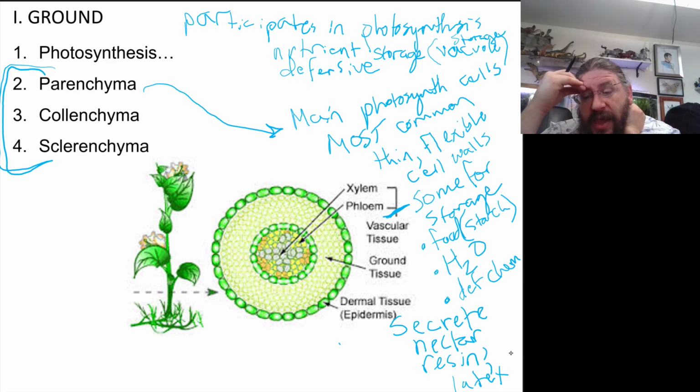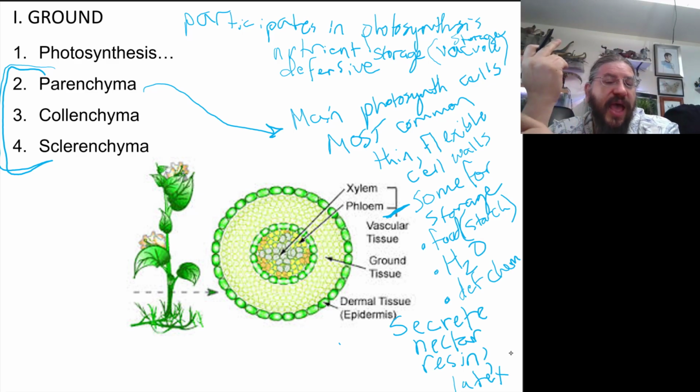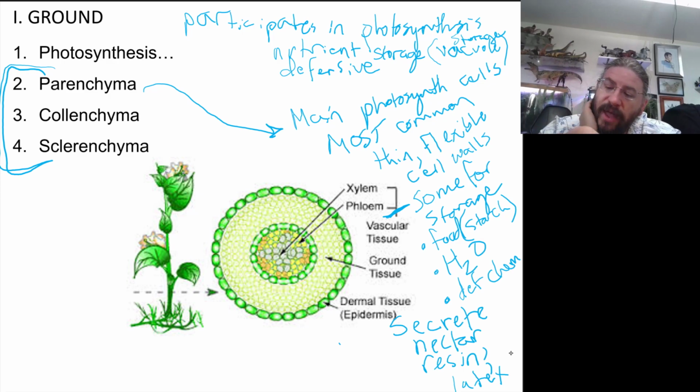On air contact it coagulates, kind of like how your scabs coagulate, and it forms a scab, essentially. So a protective covering. And if they're secreting nectar, resin, latex, they're also secreting waste, metabolic waste.